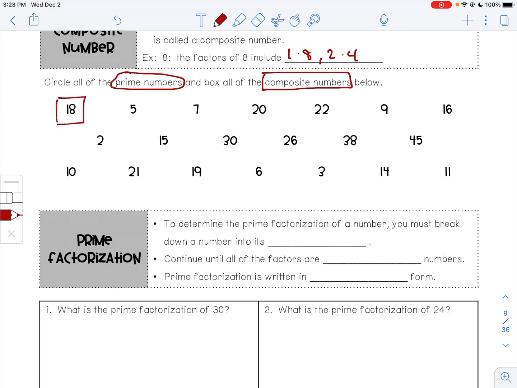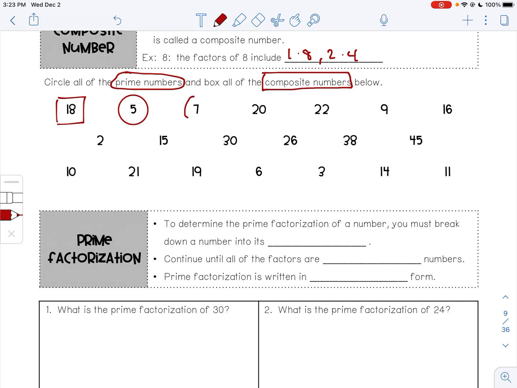Let's do number 5. So I want you to think about what can I multiply together to get 5? Hopefully, the only factors that you got were 1 and 5, which makes it a prime number. Let's look at number 7. What can I multiply together to get 7? That's right.